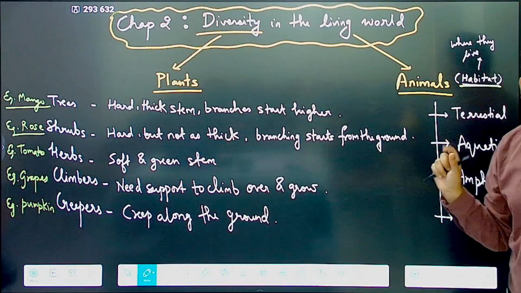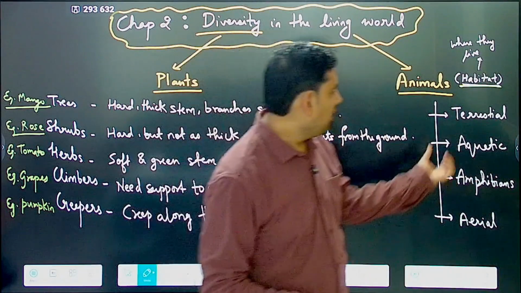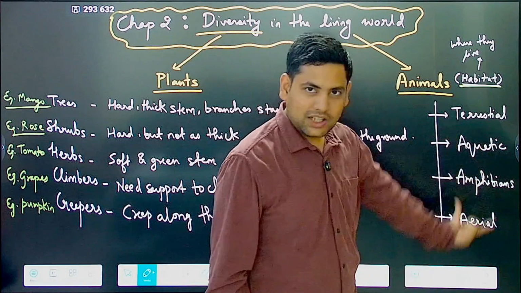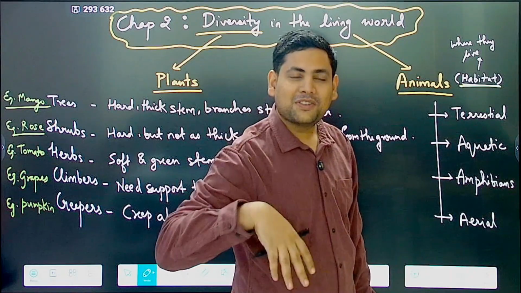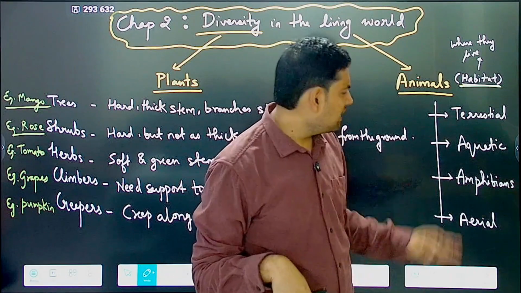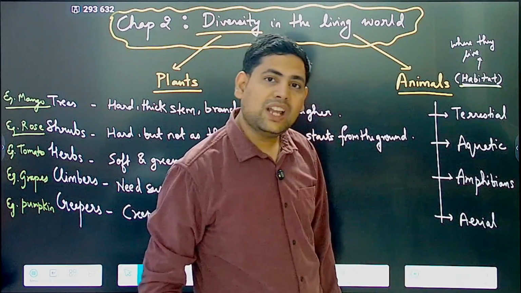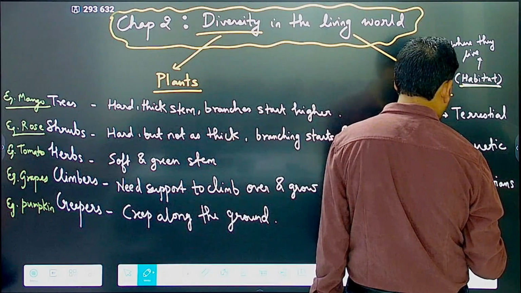Now examples you can understand. Terrestrial means which lives on the ground. Correct? Example of terrestrial, I am a terrestrial animal. Then aquatic. Aquatic is which lives on water, or lives in water. For example, fishes and all. Then amphibians. What are amphibians? Which can live both on land and water.